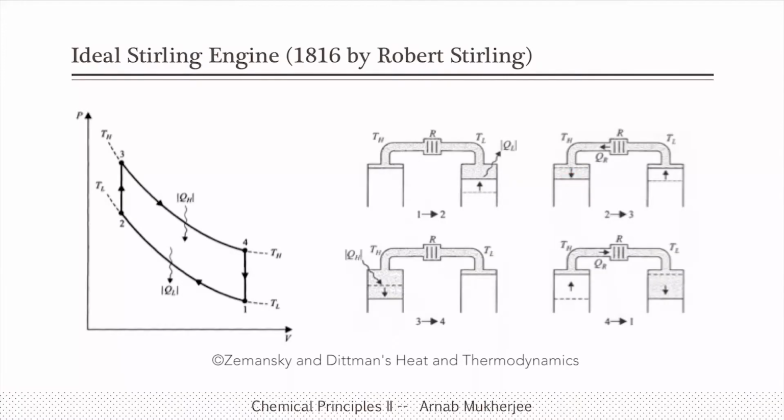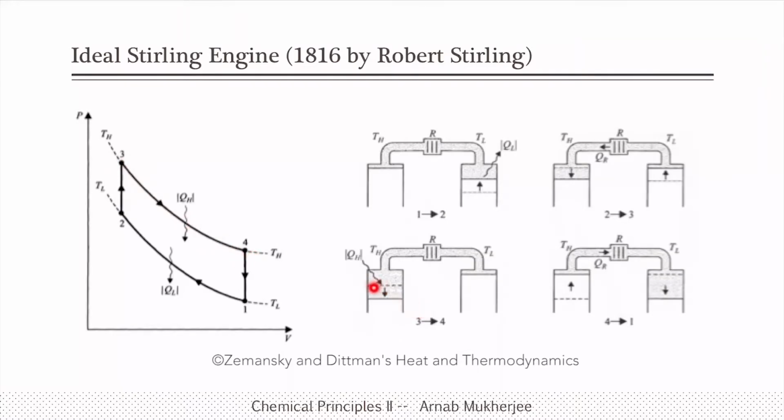In the second step, the gas in contact with the high temperature reservoir gets heat from the regenerator, which is inside the system. There is a shrinking of volume on the right hand side and an increase in the volume of the left hand side piston, so there is no net change in volume. In the third step, this is the power piston, where there is an isothermal expansion from 3 to 4.